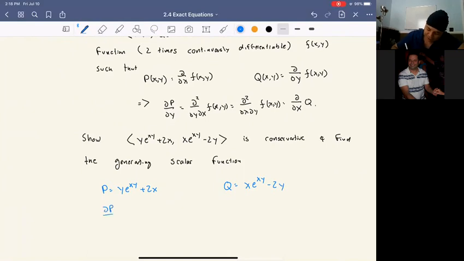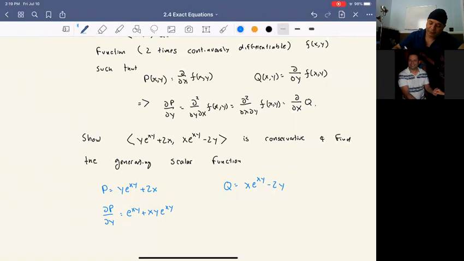Partial P with respect to y, that's what we needed to check, is going to be e to the xy plus xy e to the xy, right? Because the derivative of 2x with respect to y is 0. So we're just doing the product rule here.